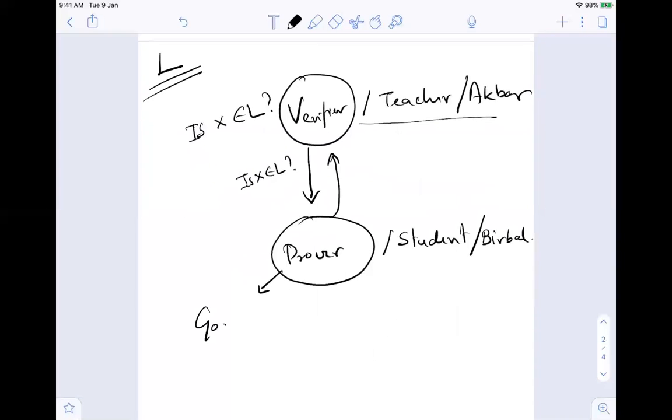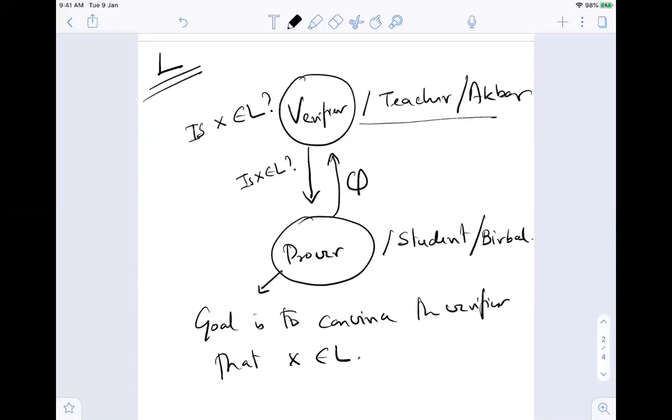The prover's goal is to convince the verifier that X is in L. But the verifier is also clever, so he's not a dumb person. The prover can give a lot of arguments for that, and this set of arguments we call phi of X.